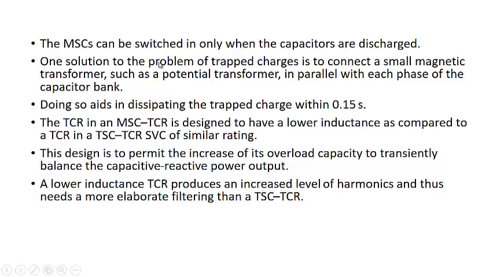Because, as I have told you, the rating of this type of SVC should be 25% more, and it is done by keeping the reactance of this TCR lower. A lower inductance in the TCR produces an increased level of harmonics. So this is another disadvantage, and it requires more elaborate filtering than TSC TCR. So this is one more disadvantage.